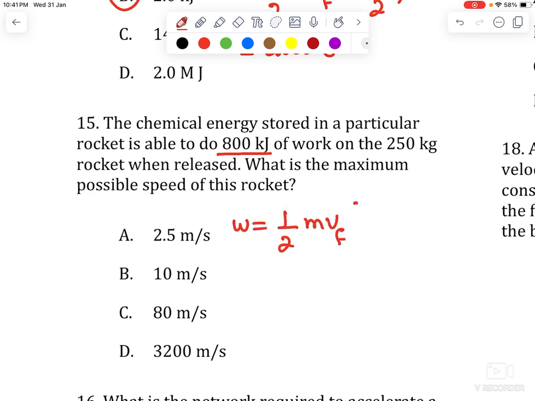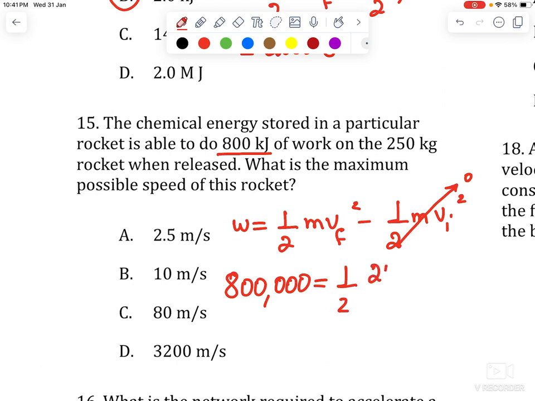So basically, firstly, this rocket will not be moving and it will be given a final velocity, maximum velocity. Not to forget that our 800 will have 3 more zeros and half the mass is 250. It's okay in kilograms. I need to figure out the velocity, which will be 80.